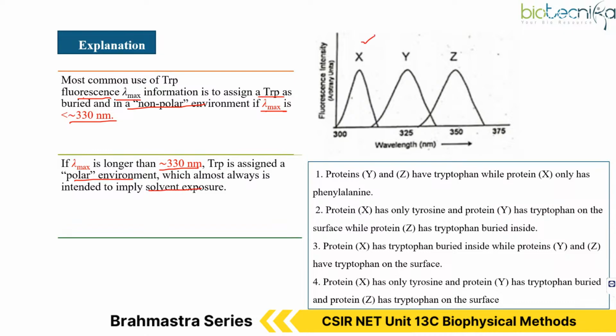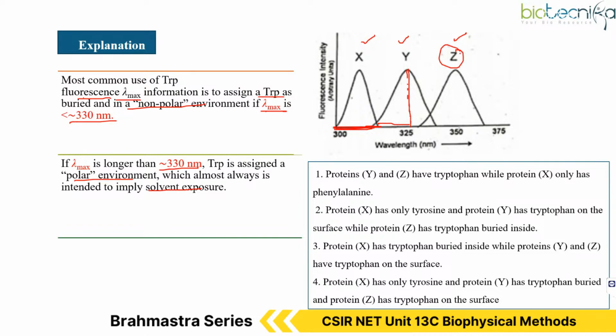Now, if you see X, Y, and Z, X is in this range, starting from 300. For Y, you need to see near 330 nm. Y is like 320, you can say it's 330, right? And this Z is beyond 330, right?